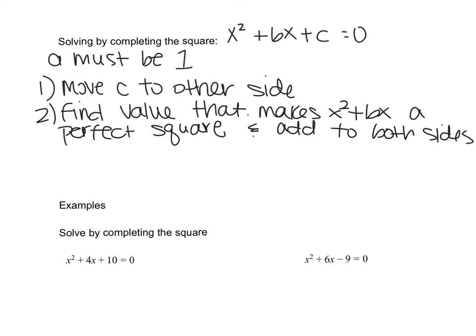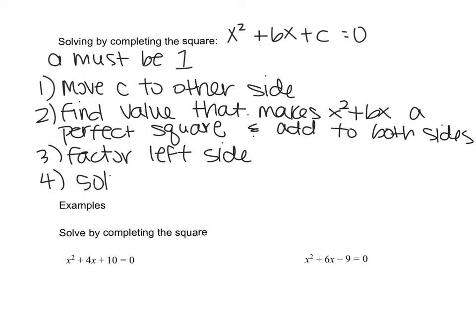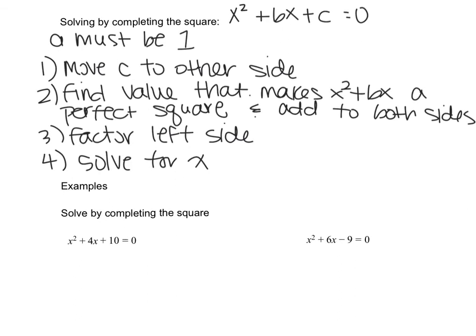By adding this value to both sides of the quadratic, we're not actually changing the original equation. Next, we're going to factor the left side. And the last step, step 4, is going to be to solve for x. And we are going to be using that square root property that we just talked about to help us solve for x. So let's go ahead and look at our examples.